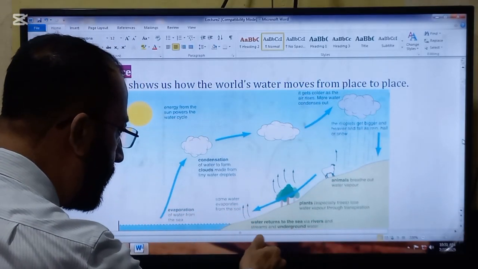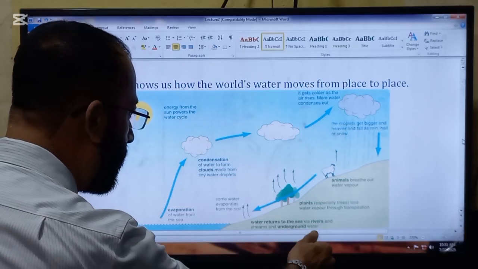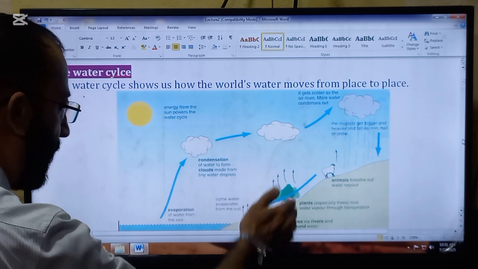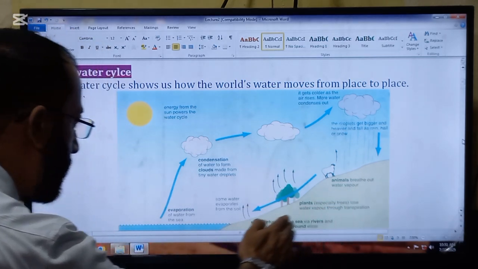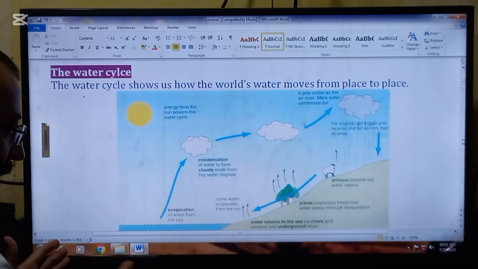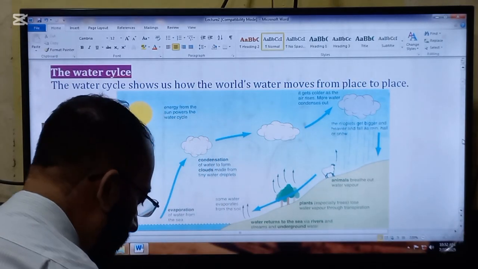Water returns to the seas via rivers, streams and underground water, and some water evaporates from the soil as well. The water comes from the land into the sea again in the form of lakes, canals, rivers, etc. So this is the water cycle.